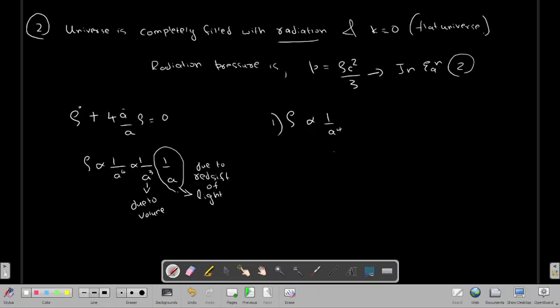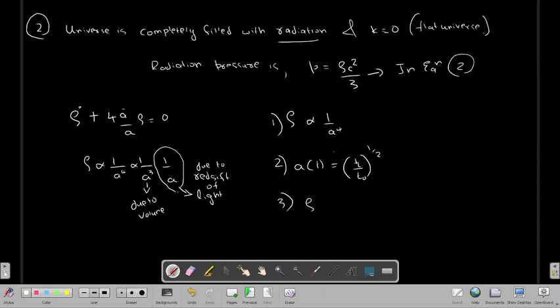This is your first important thing. Another thing, you use the same things which we have done earlier, and you will find out that a of t, the scale factor variation with respect to time, will be equal to t by t0 raised to 1 by 2. And the third thing will be your variation of density.